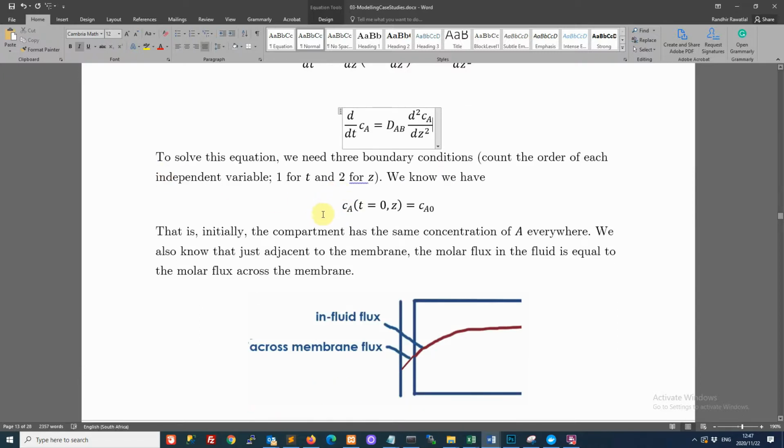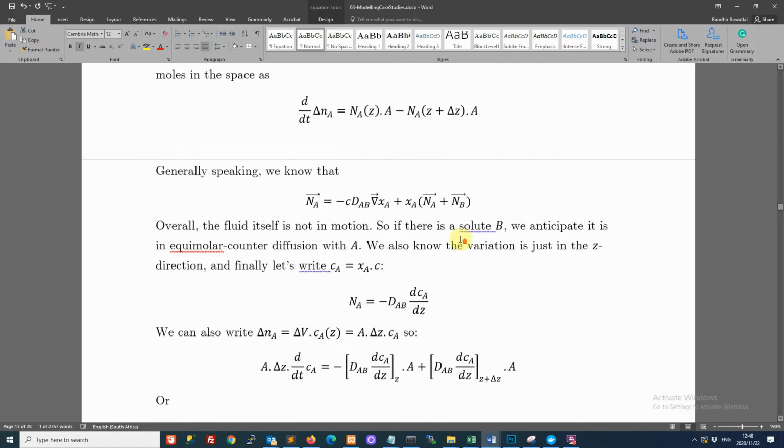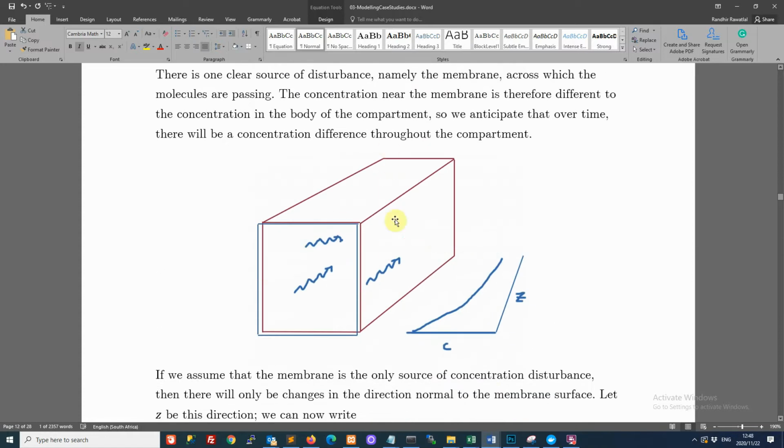Here, if we consider t equals 0 for all position z, we can claim that we know the concentration across the compartment. So the compartment, remember, started out perfectly mixed. So we had perfect mixing going on, and then at t equals 0, we removed the mixer. That means at least in the instant t equals 0, we still had the same concentration everywhere.